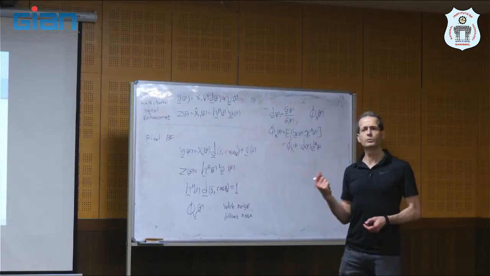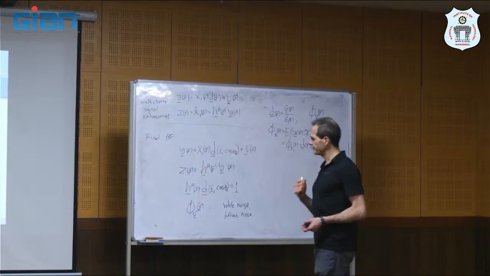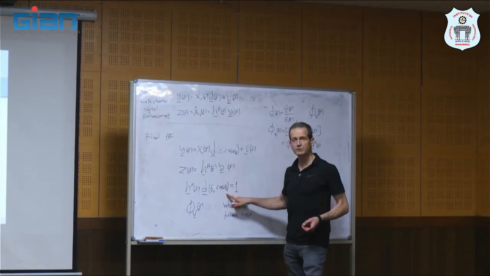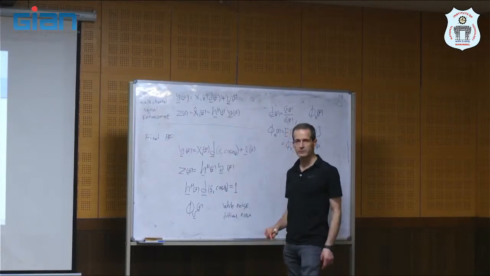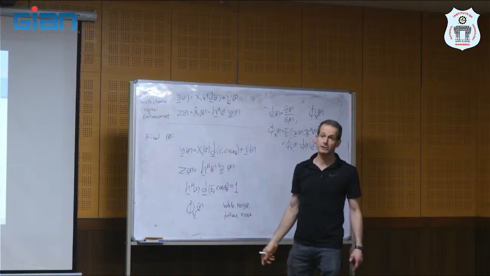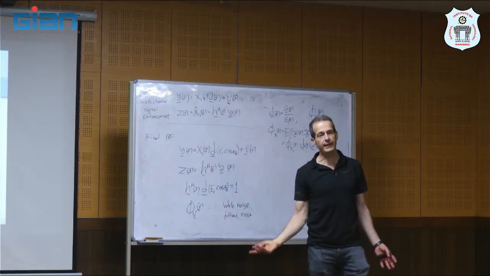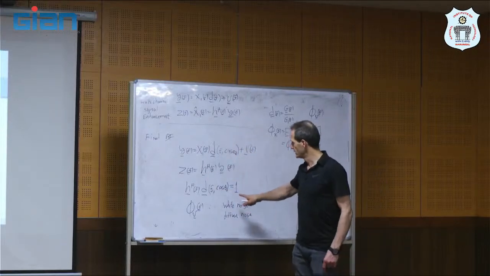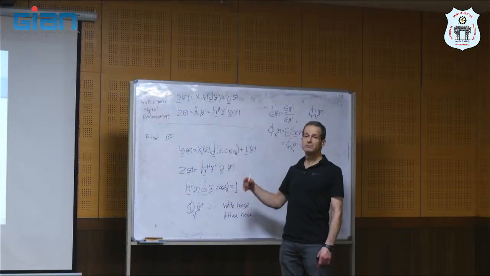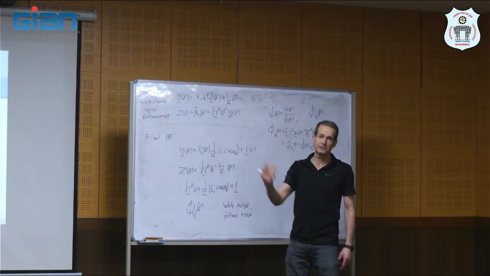Suppose that we design the beamformer such that the signal that comes from theta d, from a certain direction, will be undistorted. What happens if the signal comes from another direction? Maybe we made a mistake. We thought that it comes from a certain direction, but it doesn't come from this direction. It comes from another direction, slightly different.